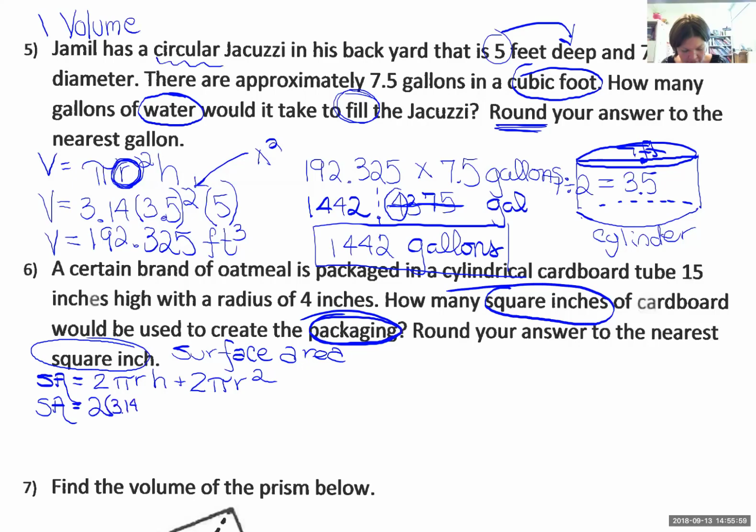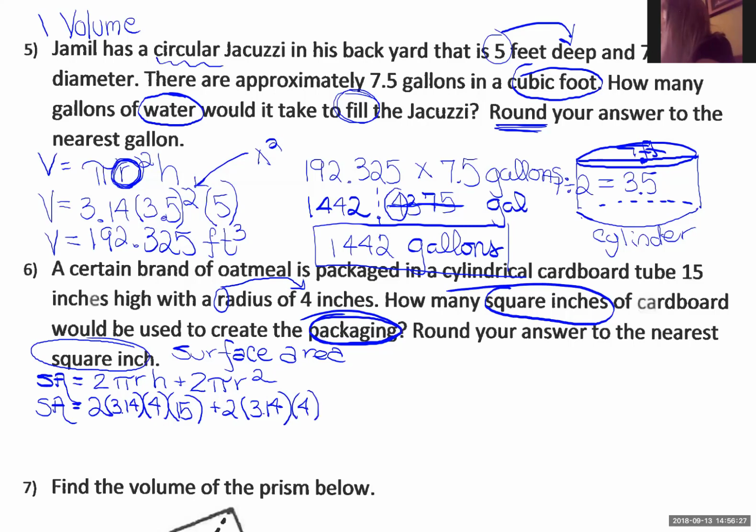What shall I plug in for radius? 4. Absolutely. I did tell you this time the radius is 4. What shall I plug in for height? 15. Again, very straightforward. Again, I'll use 3.14 for pi. And again, my radius is 4, close parentheses, square it.